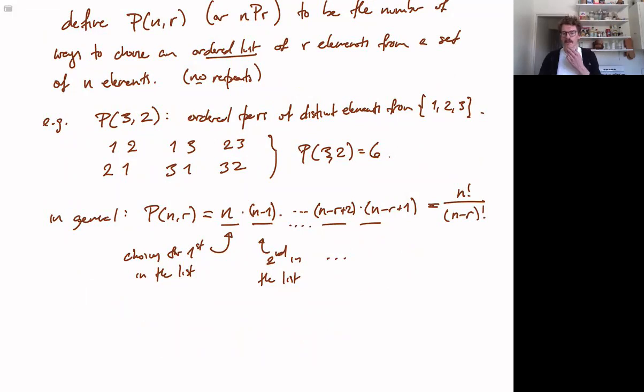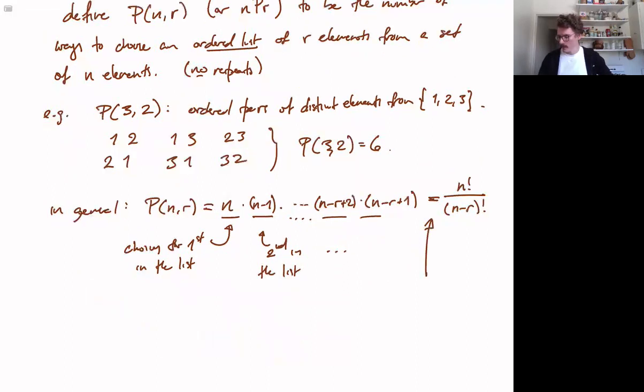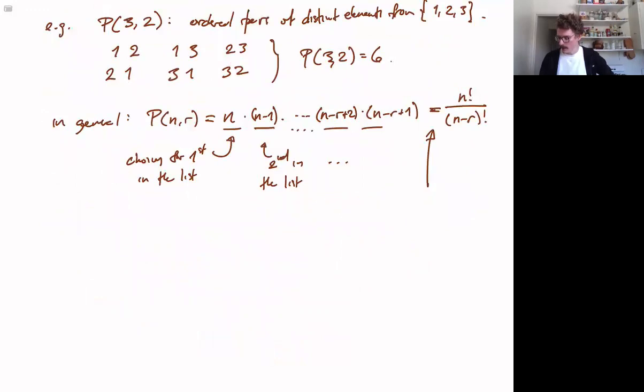So just in case anyone is not familiar with the factorial sign, let me just explain this. So what does factorial mean? It means you multiply all the numbers from n down to 1. So n times n minus 1 times n minus 2 times n minus r plus 1 times n minus r all the way down to 1.